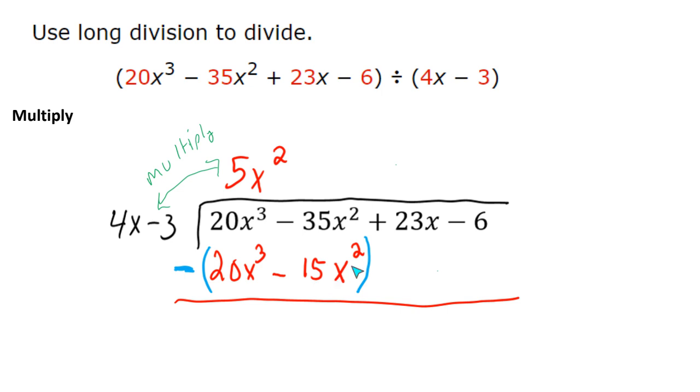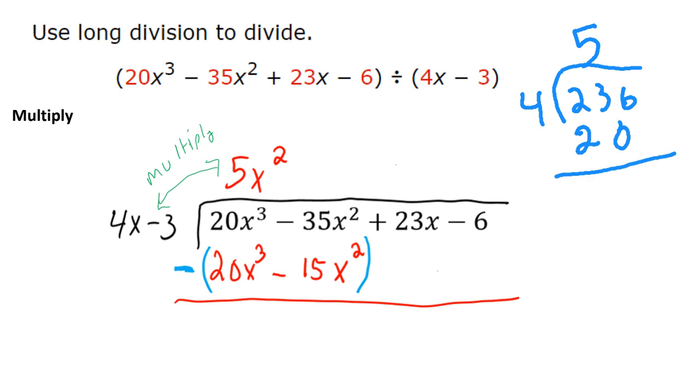Now, if we were dividing any number, the next step is to subtract, right? For example, if you had 4 into 20, then I could say this is 5. 5 times 4 is 20.